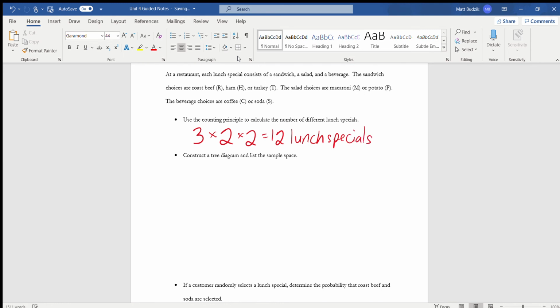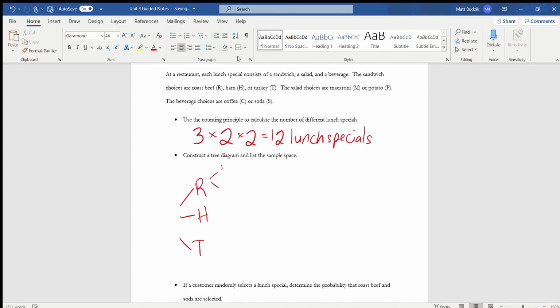So then we want to construct a tree diagram and then list our sample space. So we want to start off with our first piece of this experiment or event, which is getting a sandwich. So that means we could have roast beef, or we could have ham, or we could have turkey. Then we want to go to our salads, so macaroni or potatoes.